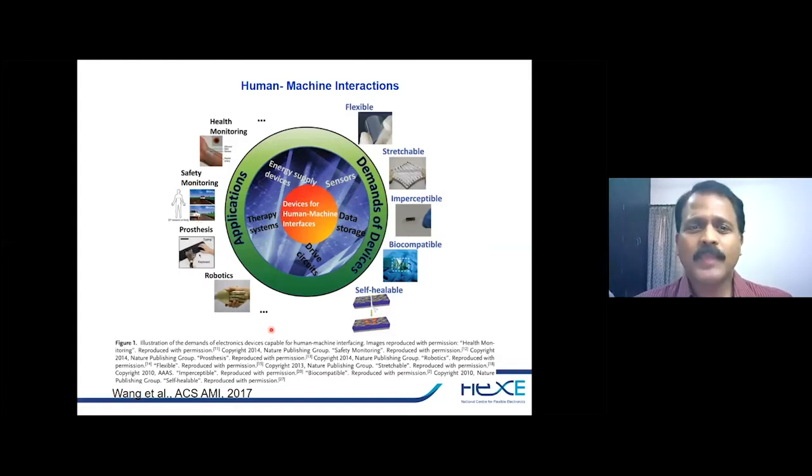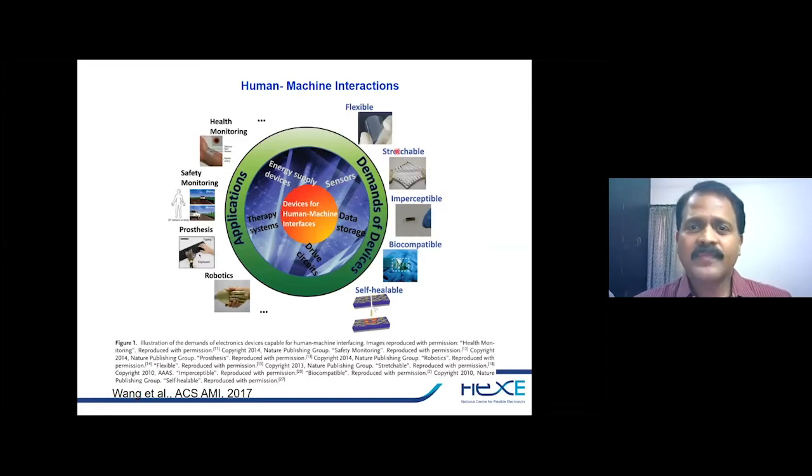But in order to do that, there are several demands on these devices, which include being flexible, stretchable, and imperceptible, as one does not want to feel that this is an external foreign body. They have to be biocompatible and self-healable: if something happens to a device, it should have self-healing capabilities.